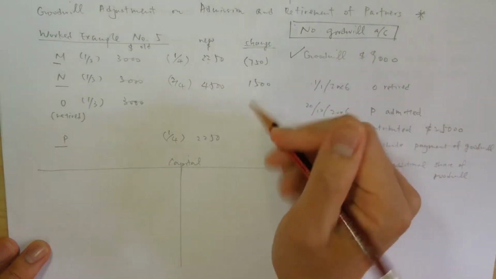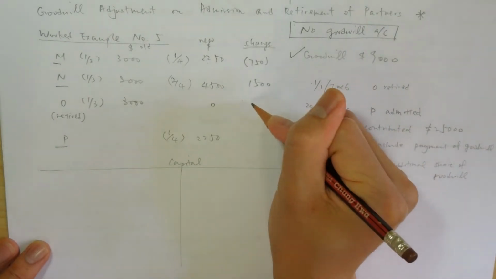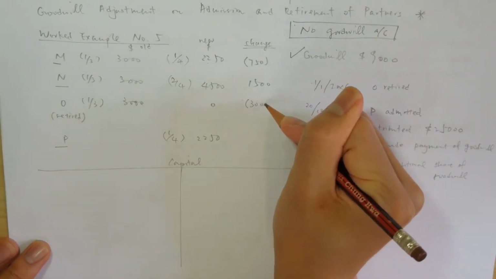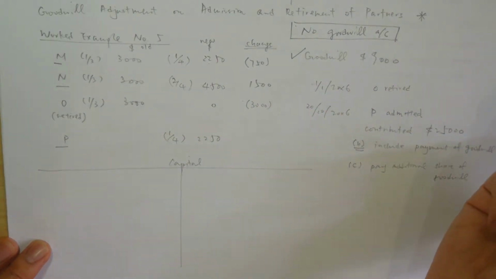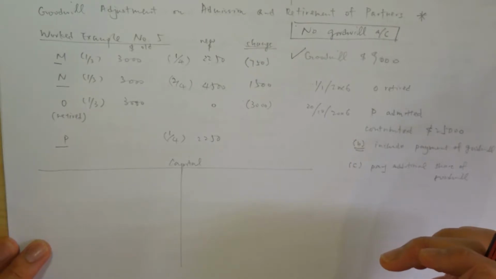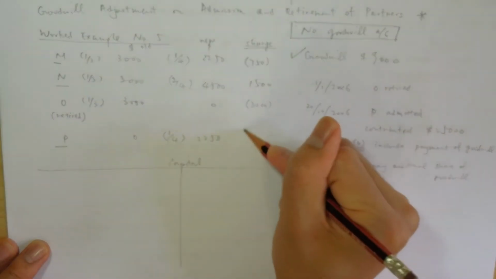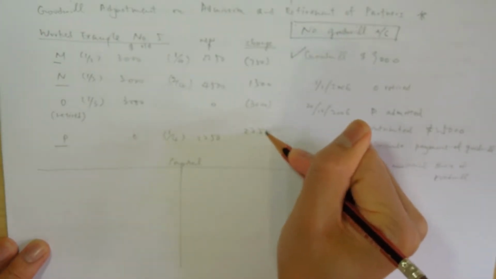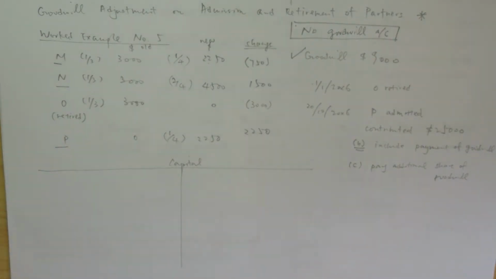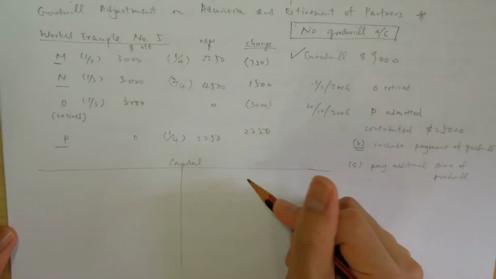For O, because it's retired, I treat it as 0, and then negative 3,000. And last for P, 2,250 minus 0, so you get positive 2,250.